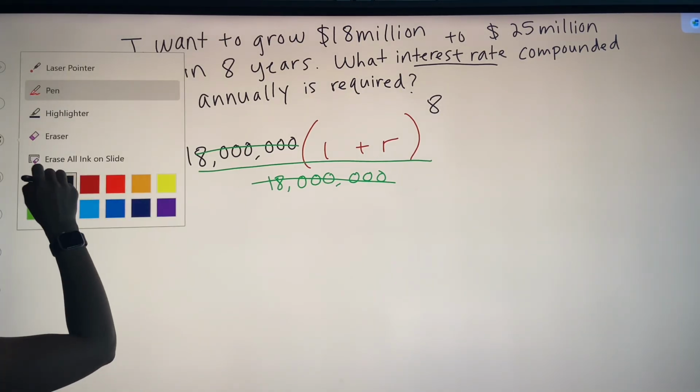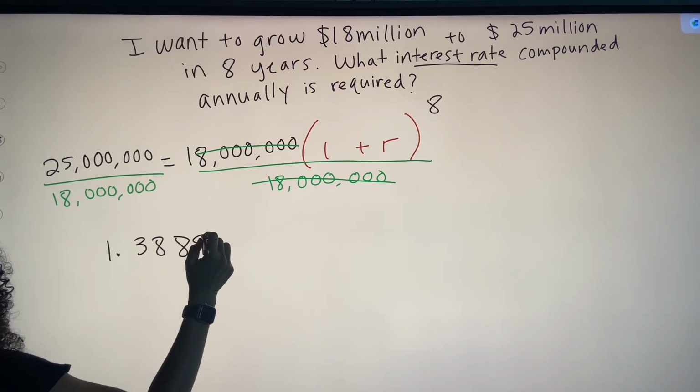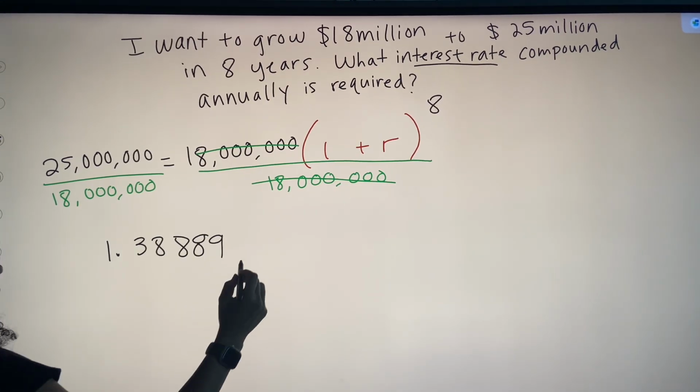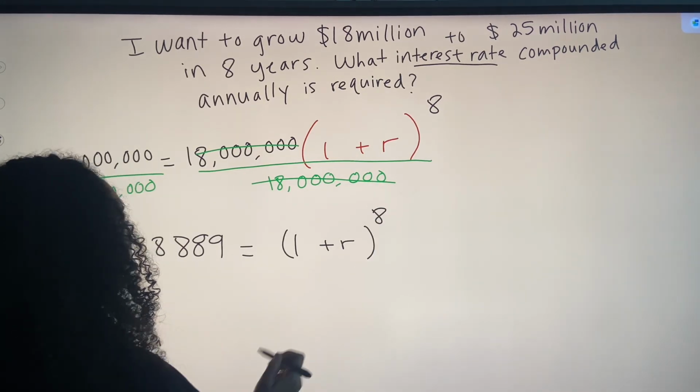Okay, so I got 1.38889 equals 1 plus r to the power of 8.